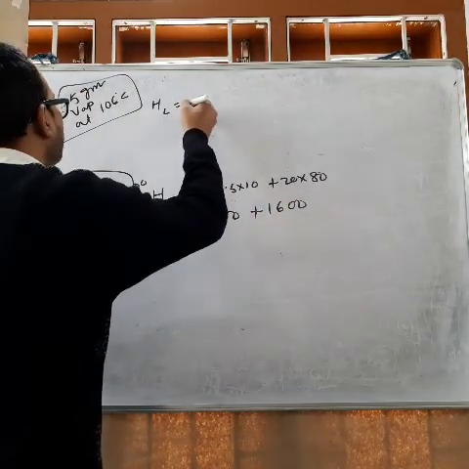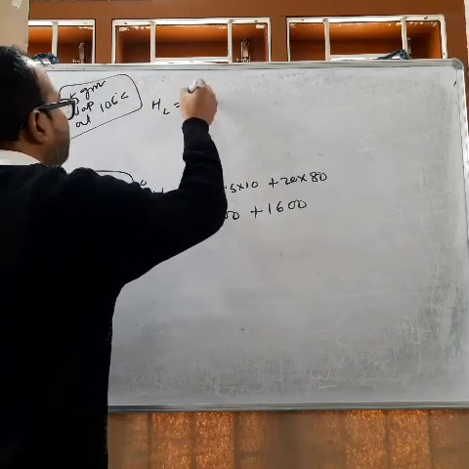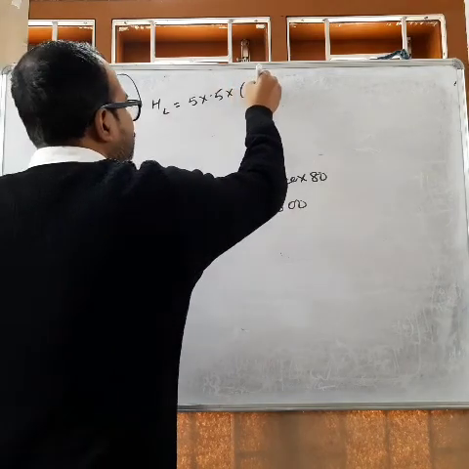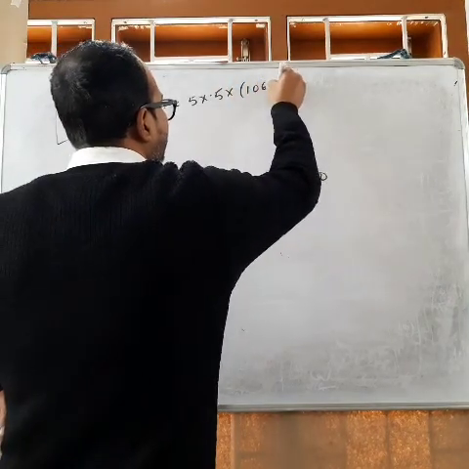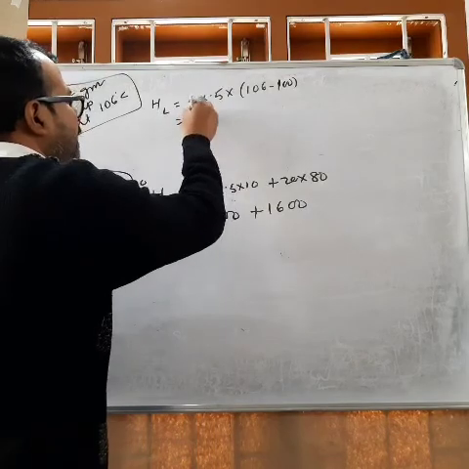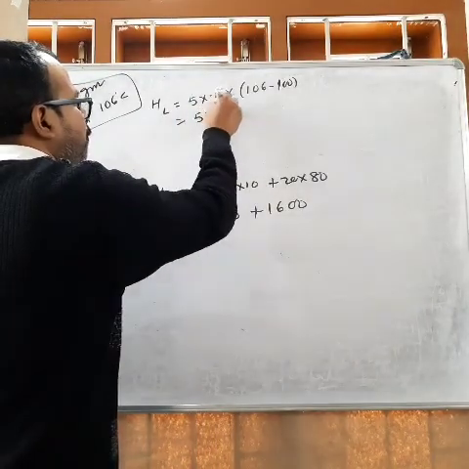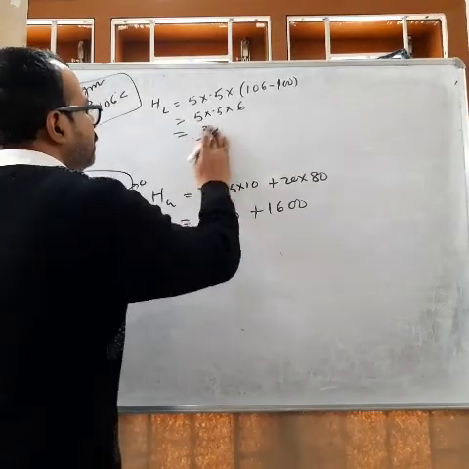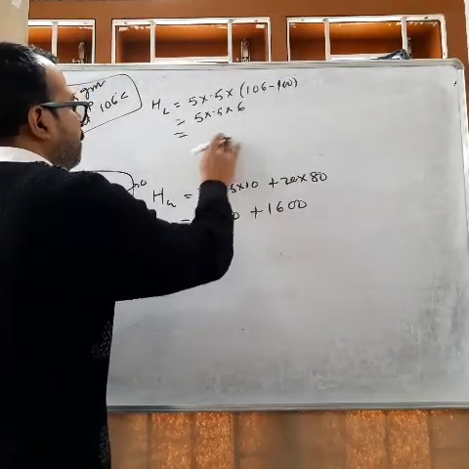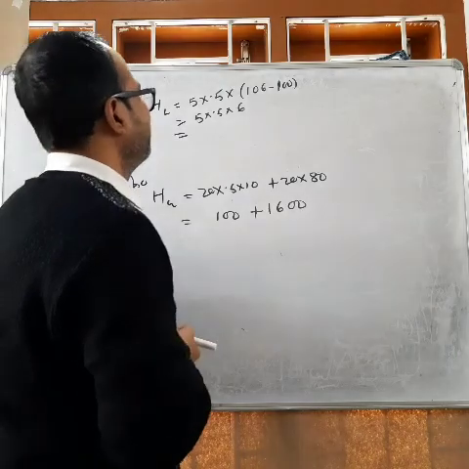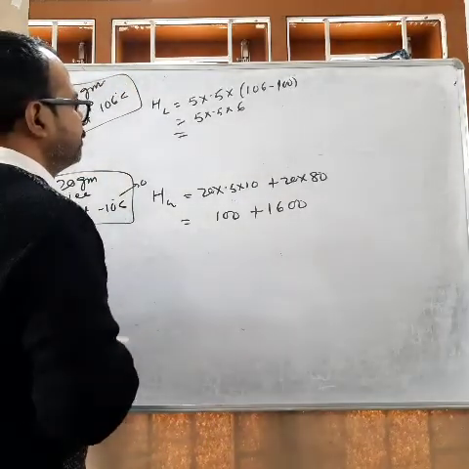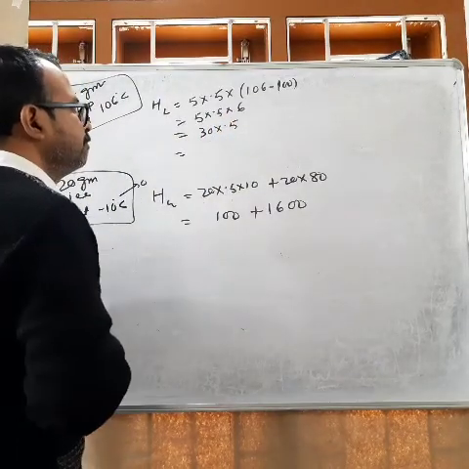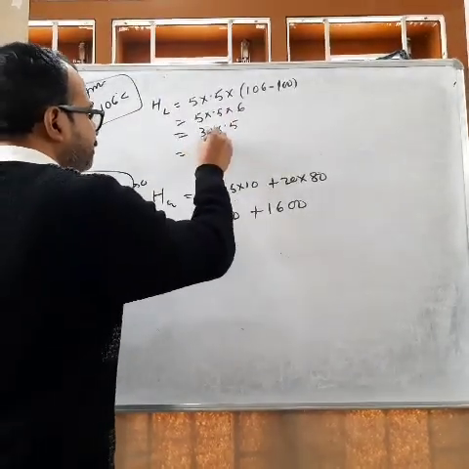Let me see the heat loss. Vapor 5 gram, specific heat of vapor is 0.5. If it is cooling from 106 to 100, that is 5 into 0.5 into 6. So 30 into 0.5, 15.